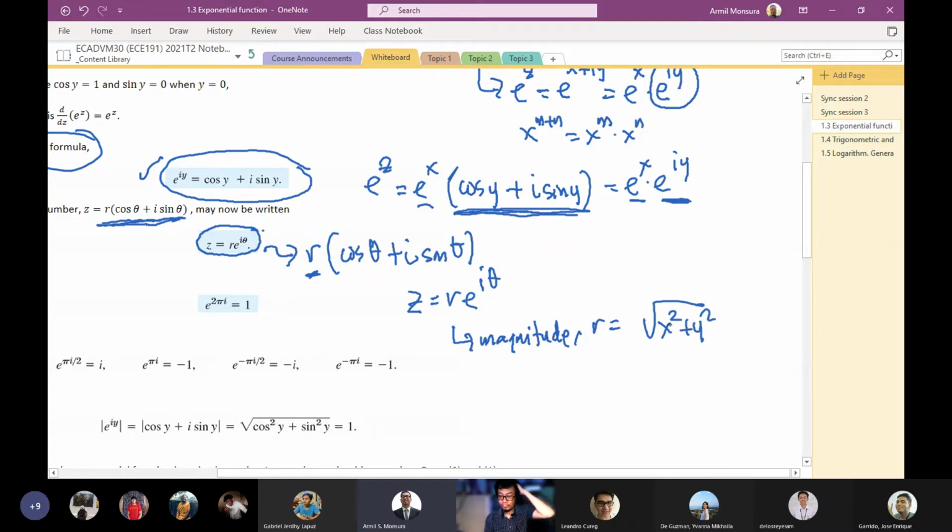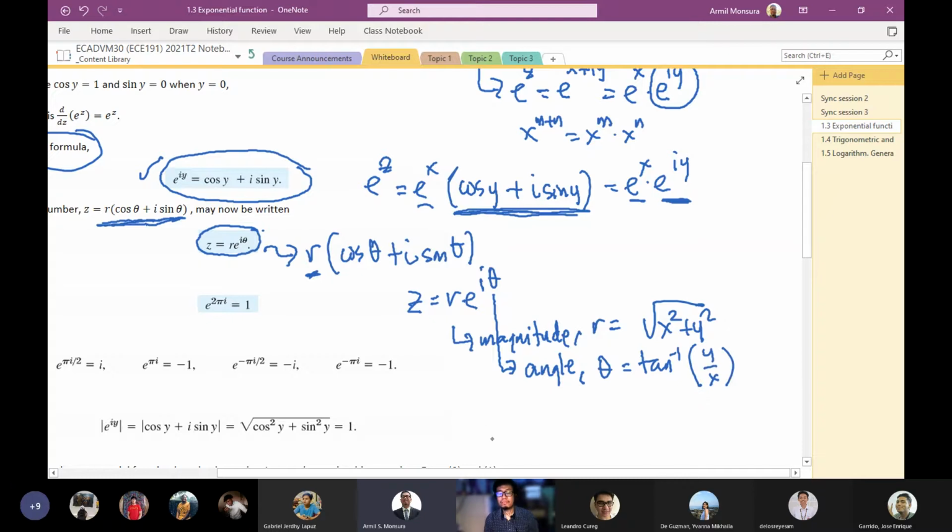Pareho lang nung sa polar form. Yung angle, yung theta here, is still the angle, which is the same definition din with the angle that is discussed for the polar form.